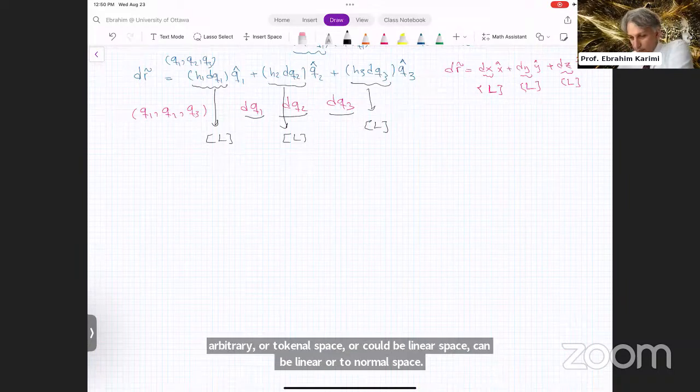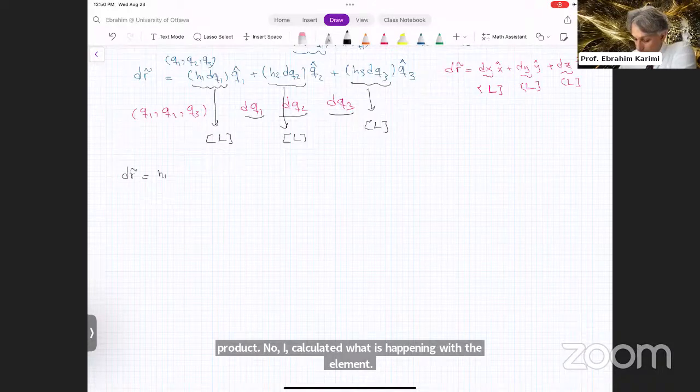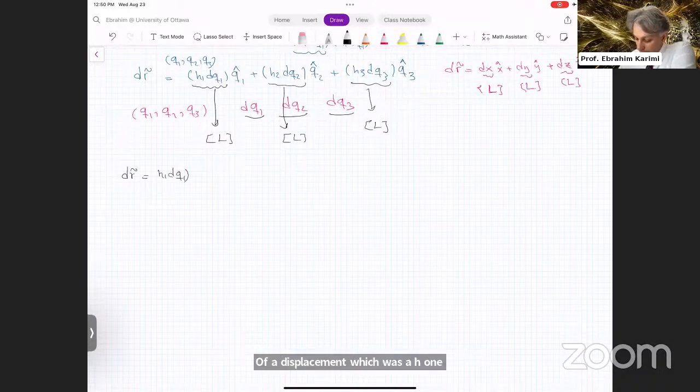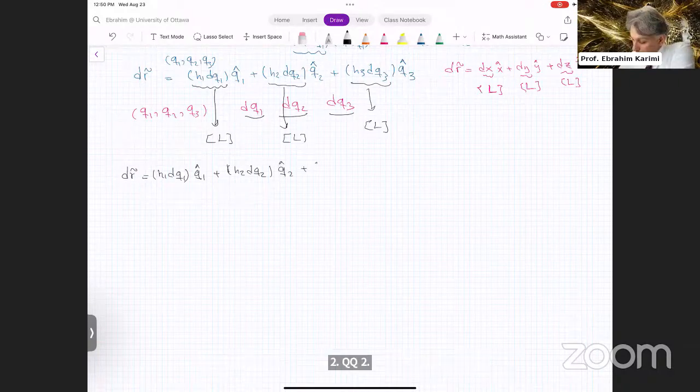Well, I know the dot product, I know the cross product. Now I calculated what is happening with the element of displacement, which was H1 dQ1 Q̂1, and H2 dQ2 Q̂2, and H3 dQ3 Q̂3.